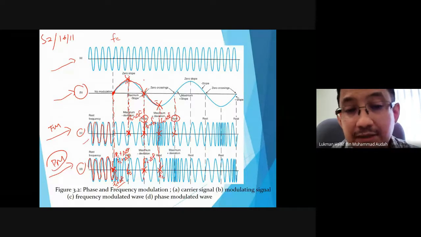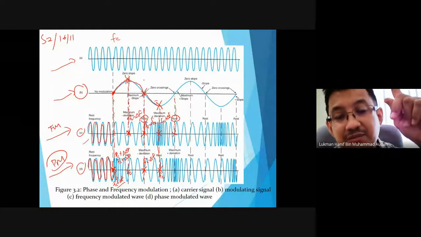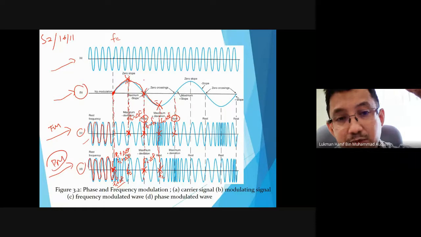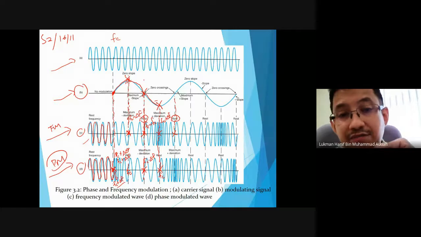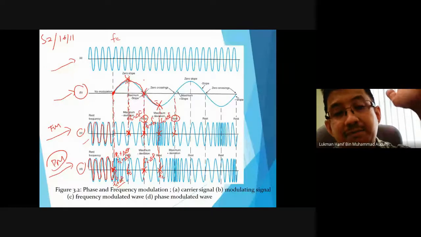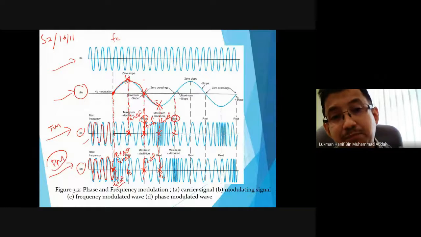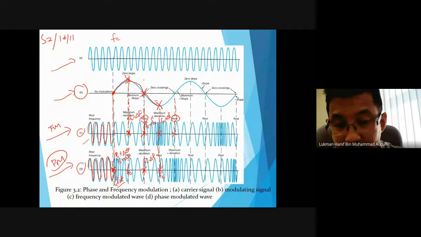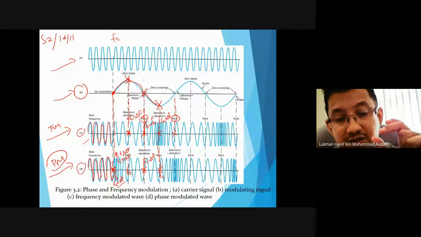Maknanya pada setiap kali VMT mencapai nilai puncak positif ataupun negatif, frekuensi output pada PM adalah berada pada rest. Setiap kali sampai puncak positif atau puncak negatif, the output frequency of the carrier becomes FC, at rest.